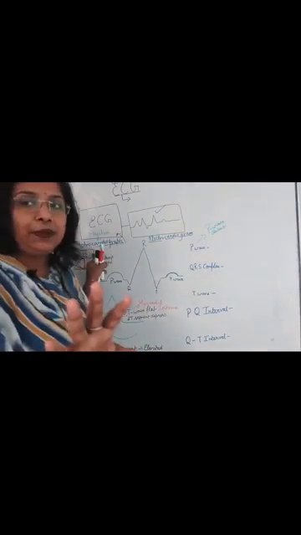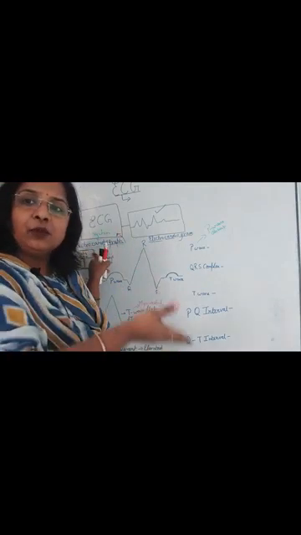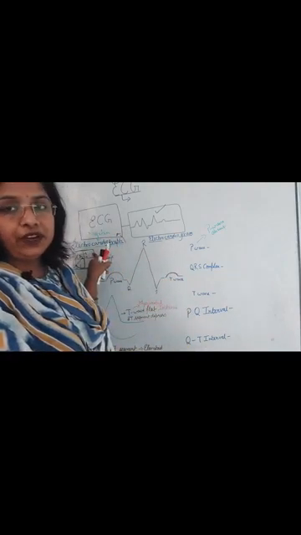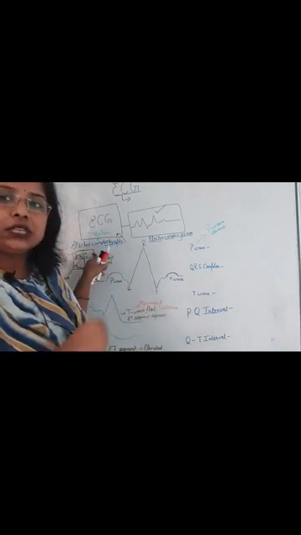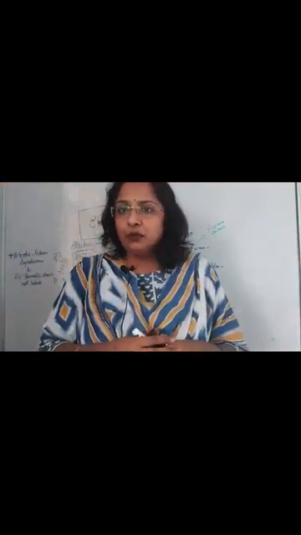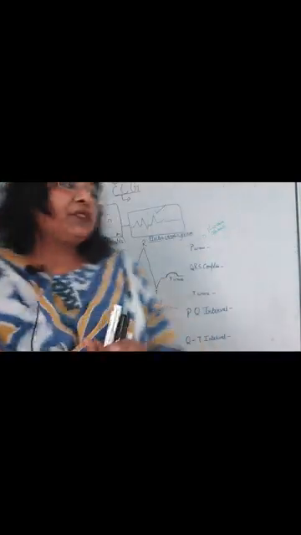The pulmonary artery and pulmonary vein are exceptional cases: the pulmonary artery carries deoxygenated blood and the pulmonary vein carries oxygenated blood. This oxygenated blood comes towards the left ventricle, and the left ventricle pushes the blood towards the whole body through the aorta. This is the general physiology.